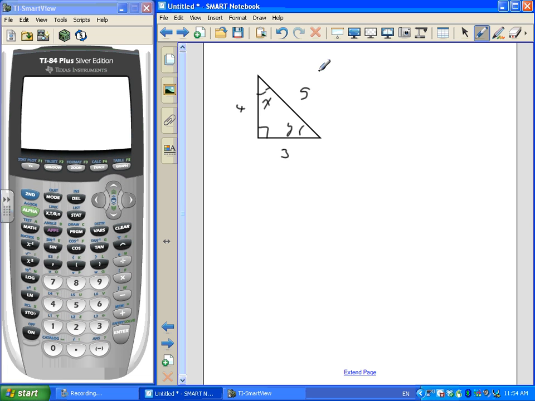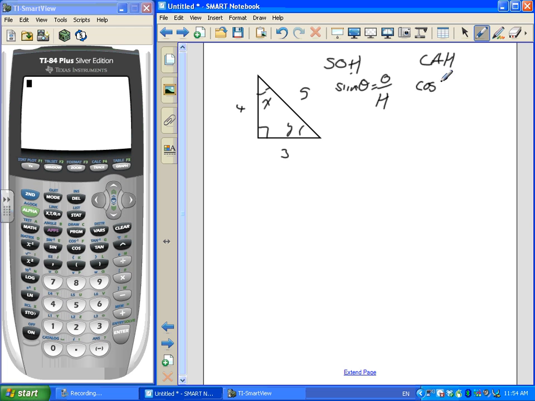Okay? So it doesn't really matter which one we start at. We can use any of the ratios to solve for these. Remember, I'll write the ratios down. We have SOH, which means sine theta is equal to opposite over hypotenuse.